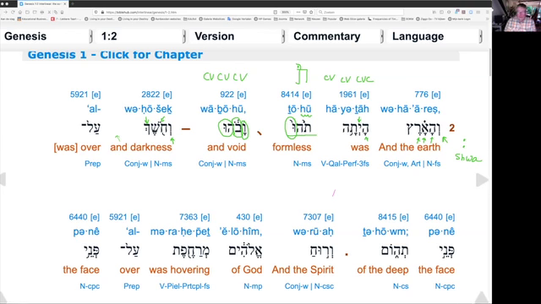V'ruach, over here. A question? Yes. The final kaf in v'choshech, why does it have 2 dots for an E when it's a closed syllable? I knew the answer.